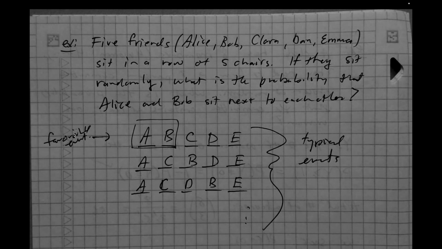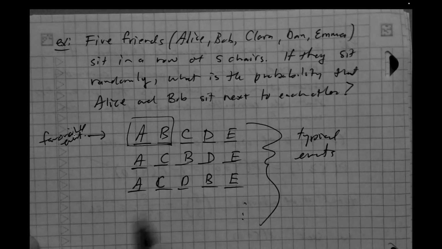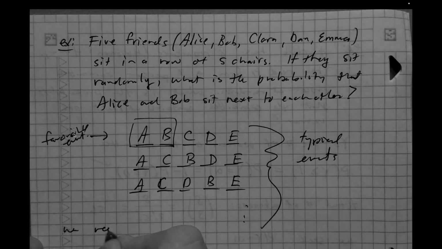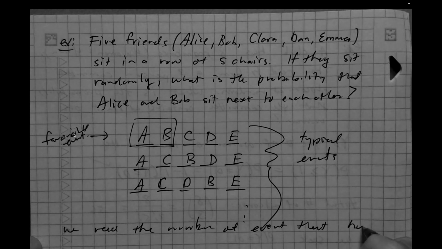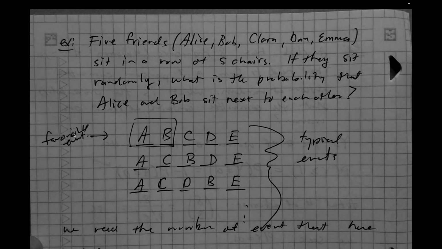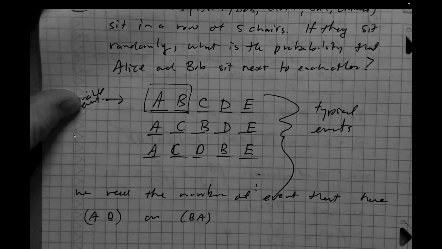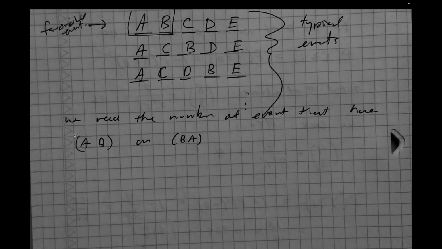So we really need to know the number of events that have AB or BA in them.